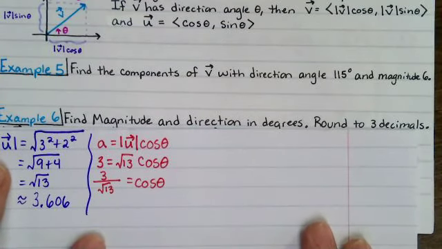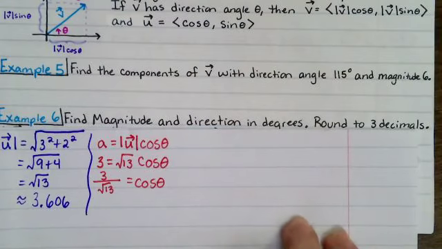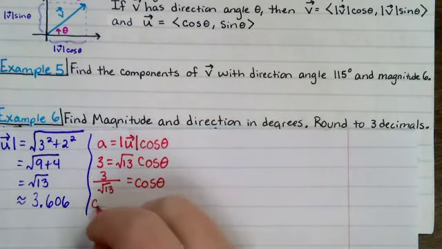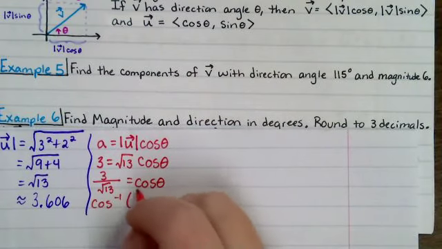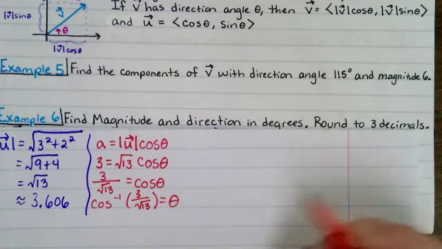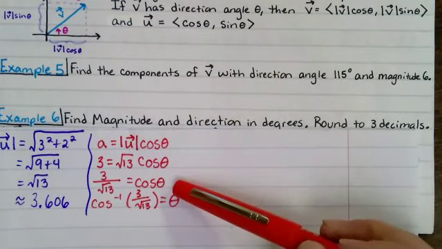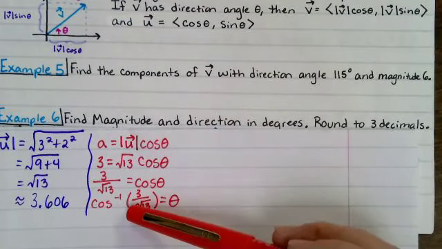This is where you can use your inverses, but you have to be really careful when you do this. If I do cosine inverse of 3 over the square root of 13, that will give you theta as long as it's actually within the interval that cosine inverse calculates for.